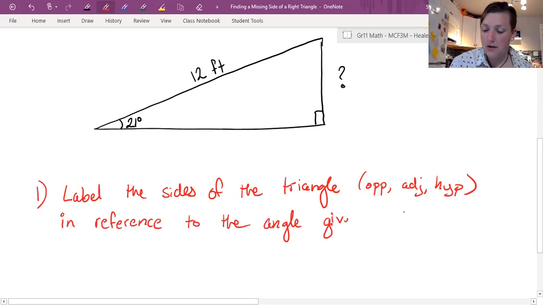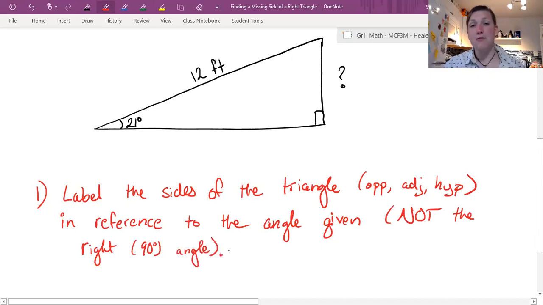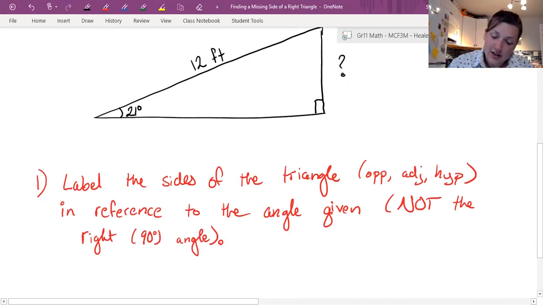And that's not the right angle, because every single right triangle has a right angle, and we can only use our trigonometric functions with ones that are not that right angle. You want to do it with the given angle, not the right angle. Okay, so that's step one.